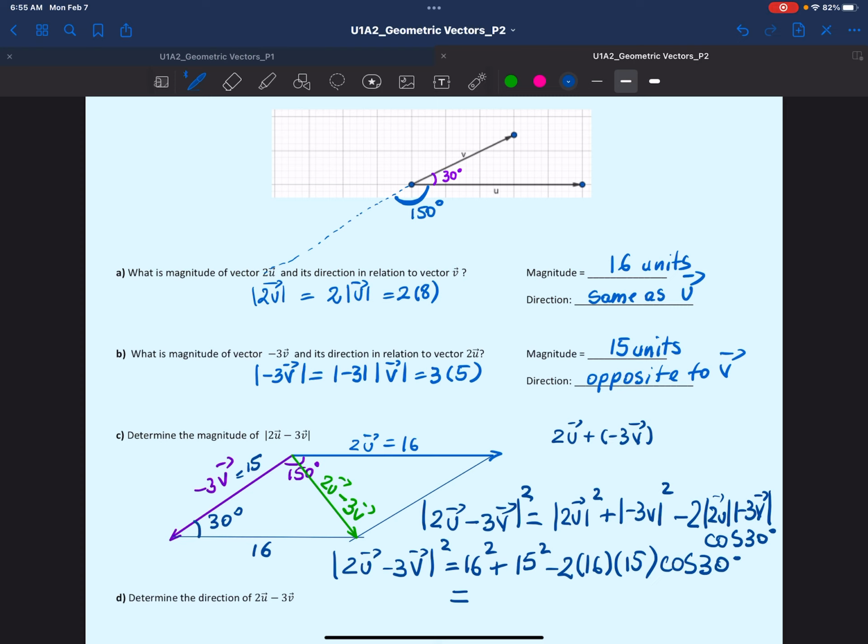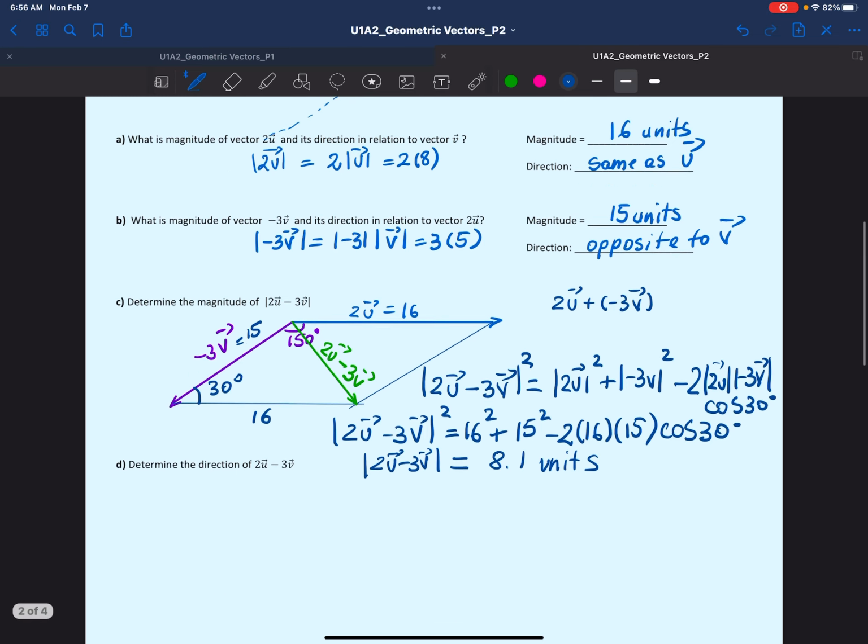The answer I got is 65.3. Now I need to square root that answer to find the magnitude of 2u minus 3v, and that would be 8.1 approximately. So 2u minus 3v in magnitude would be 8.1 units.